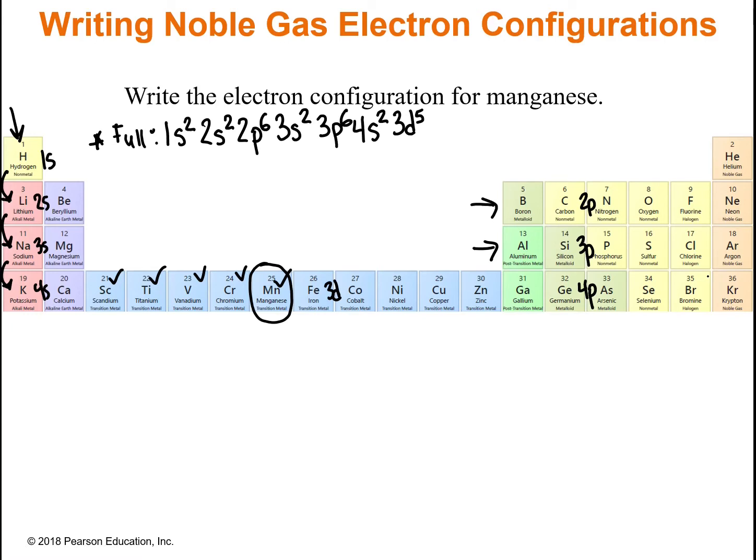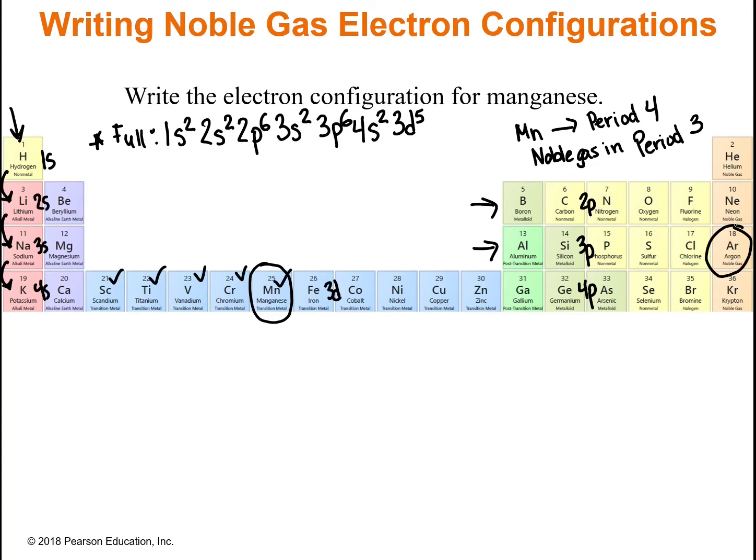Manganese is in period 4. For the noble gas electron configuration, we're going to look at the noble gas in the period above our element. So the noble gas in period 3. That would be argon.